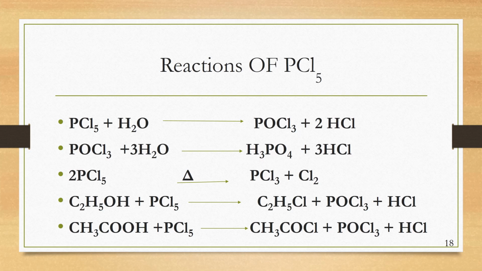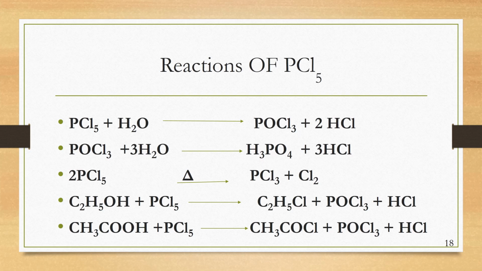This POCl3 formed further reacts with more amount of water forming H3PO4, that is orthophosphoric acid along with HCl. PCl5, due to its peculiar structure, when heated it will form PCl3, which is rather stable along with chlorine.